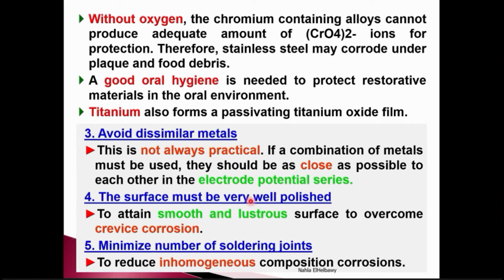Try to use similar metals so there is no difference in electric potential, although it is very difficult because every metal has a different potential series. The surface must be polished, because if this is a rough surface, there will be more scratches, and more scratches will result in formation of an electric cell and lead to corrosion.